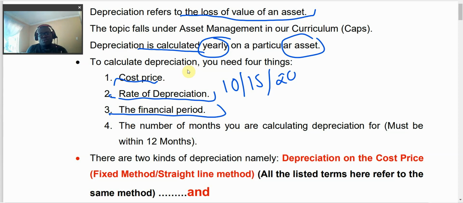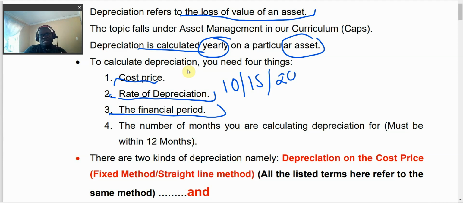You need to be able to know, when does our financial period start and when does our financial period end. This will help you to know how many months you are supposed to calculate depreciation for. For example, if we bought a car in January and our year ends on the 31st of December and we bought that car on the 1st of January, depreciation will be calculated for a period of 12 months.